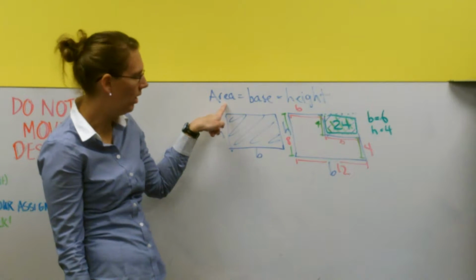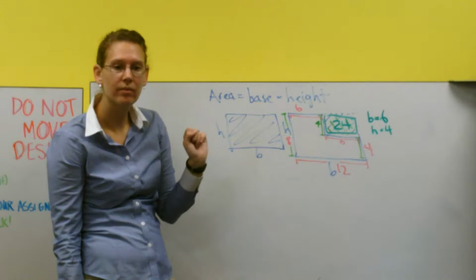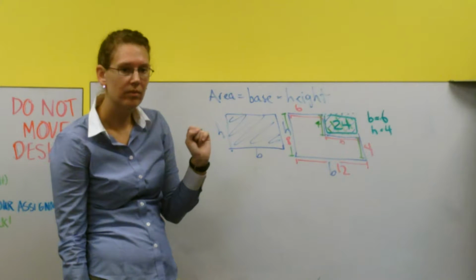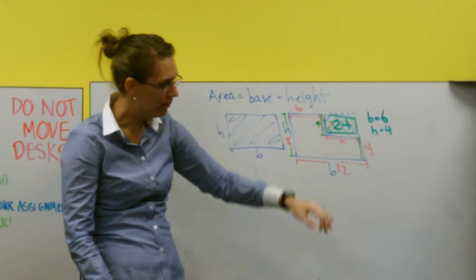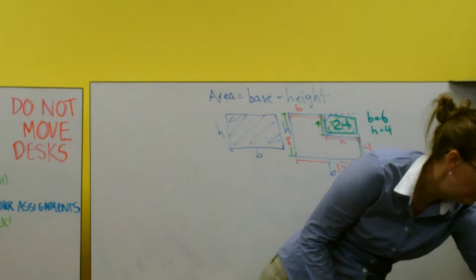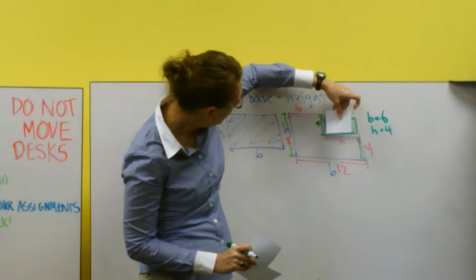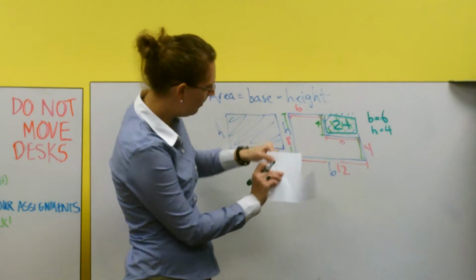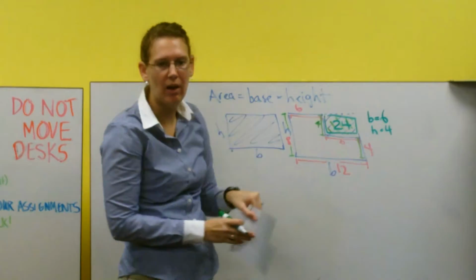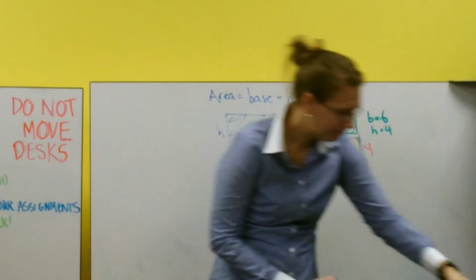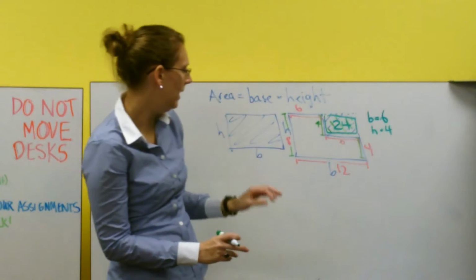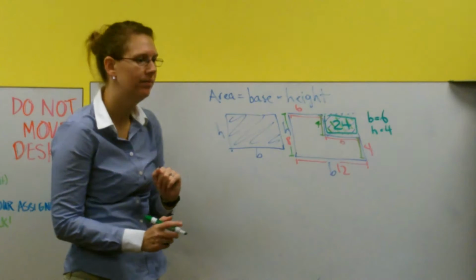Why did y'all say that the base was 6 and we said 2? Well, we're talking about the little rectangle and the big rectangle. Oh, I see. So my little rectangle is 6 by 4, and my big rectangle was 8 by 12. Okay? So, Jamika, what is my base and my height of my big rectangle?